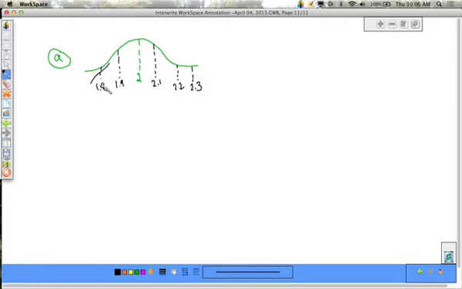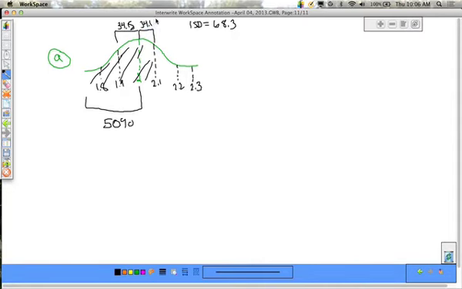So I'm going to highlight. We want to know how much is less than all this. Well, we know this area is 50%, so we have to find this little area here to add it. Well, we know 1 standard deviation, that total is 68.3, so we'd have 34.15 and 34.15. Well, perfect, we know this whole thing is 50, so 50 plus 34.15 is 84.15%.